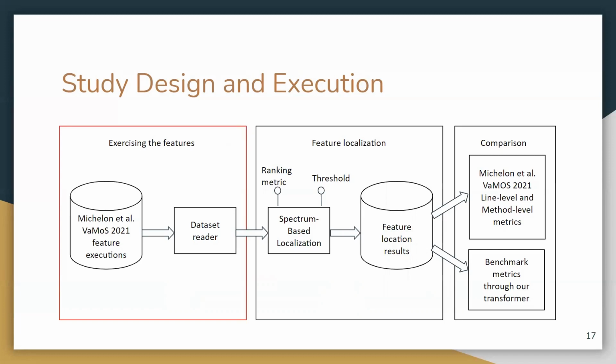So we have manual exercises of the features and also exercises from existing tests that are related to the features. The supplementary material of Michelon et al. 2021 contains the tests, 1,198 in total, and the videos of the manual feature executions, as well as the traces in text files.